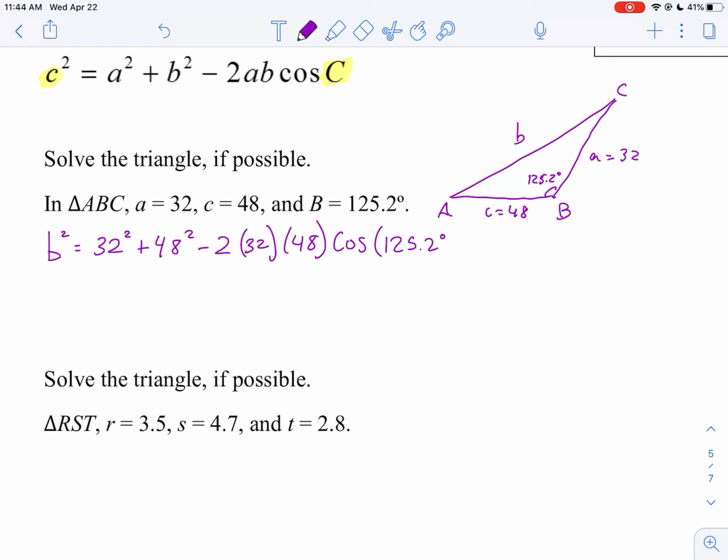Nope, never mind. Ignore that. Here we can just type this all into the calculator. We get b squared equals 5,098.8. Square root both sides, and we find that the length of B is 71.4.